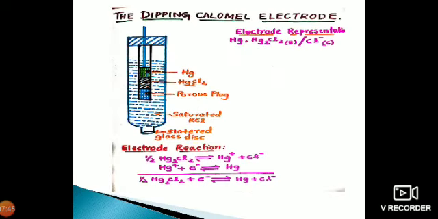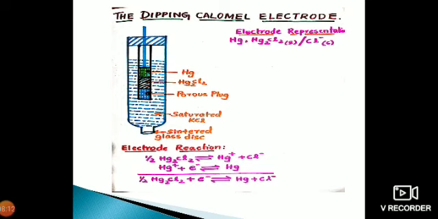This is a dipping type of calomel electrode, wherein we can't use a separate salt bridge. It has an inbuilt salt bridge. The sintered glass disc present in this dipping calomel electrode works as a salt bridge. The mercury and the calomel, that is mercurous chloride Hg2Cl2, are held in a narrow central tube by a porous cotton wool plug.